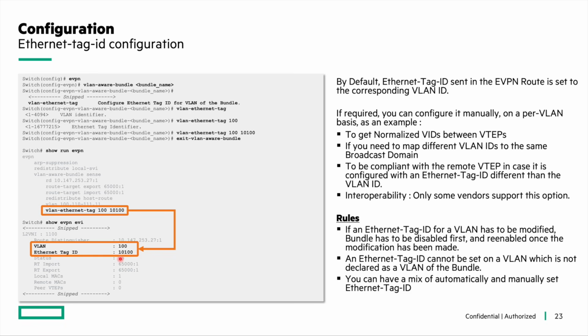You obviously cannot set a tag to a VLAN which is not declared as a VLAN of your bundle. And finally, you can mix manually and automatically set tags within the same bundle. Just because you set a tag for a given VLAN, you do not need to do that for all other VLANs within the same bundle.